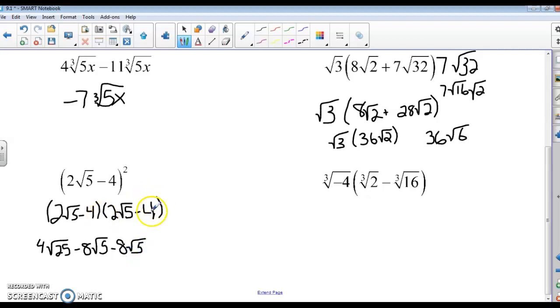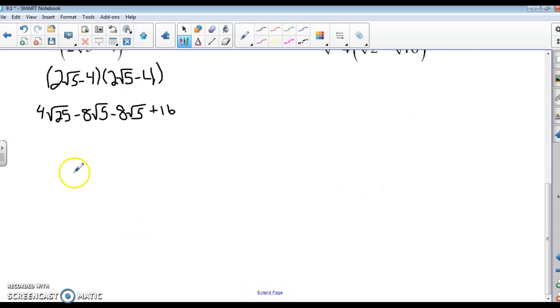And negative 4 times negative 4 would be positive 16. Because 4 times the square root of 25 is 4 times 5, which is 20. And then 20 plus 16 is 36.